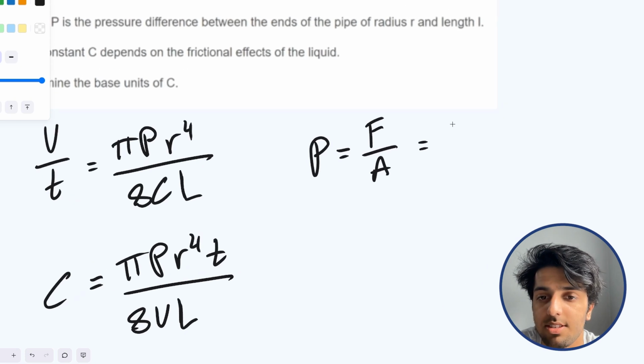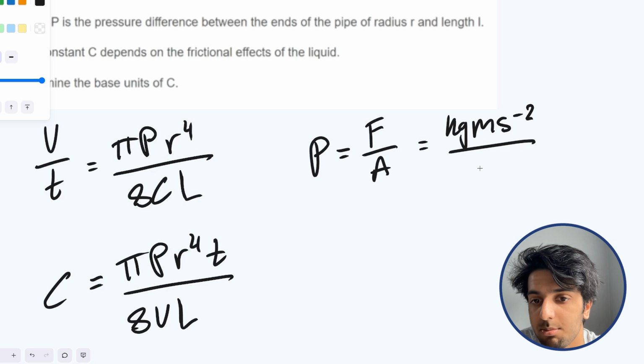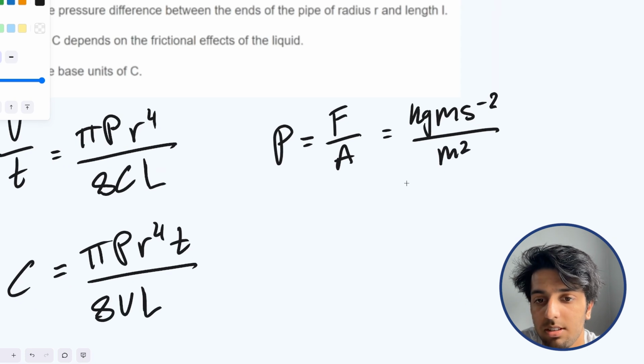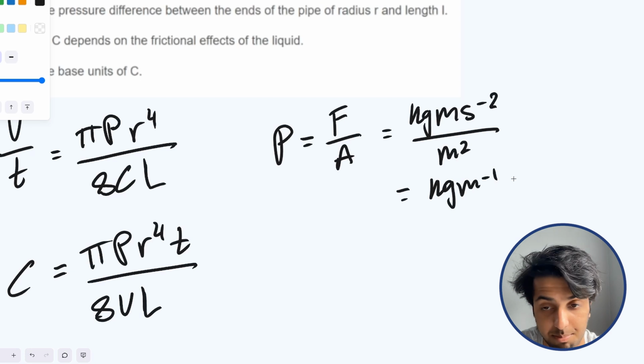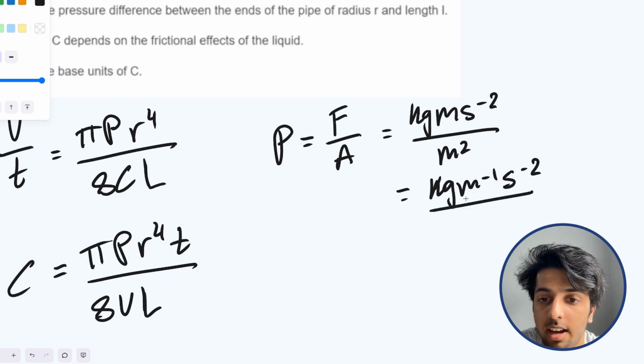So dimensionally that is kg meters per second squared over meters squared, which just equals kg meters to the -1, and then seconds to the -2. So that is our pressure.